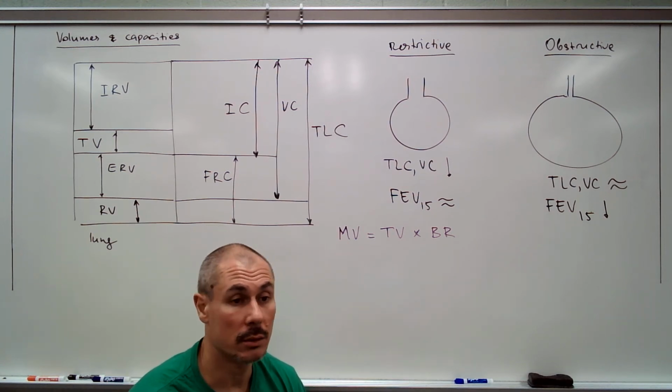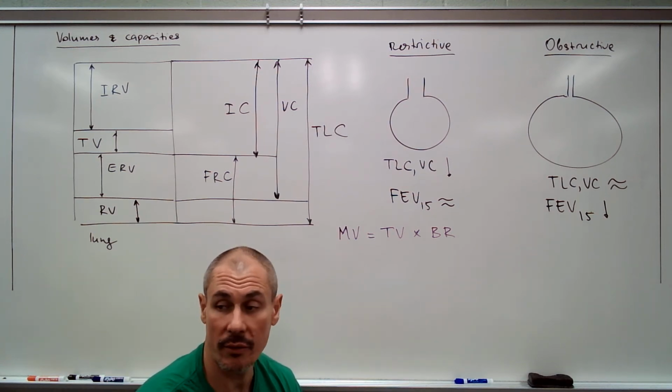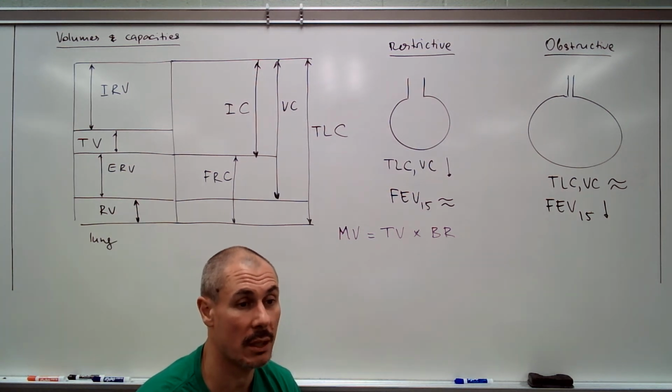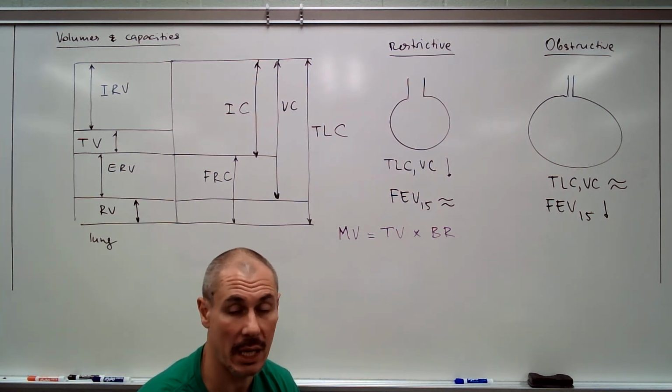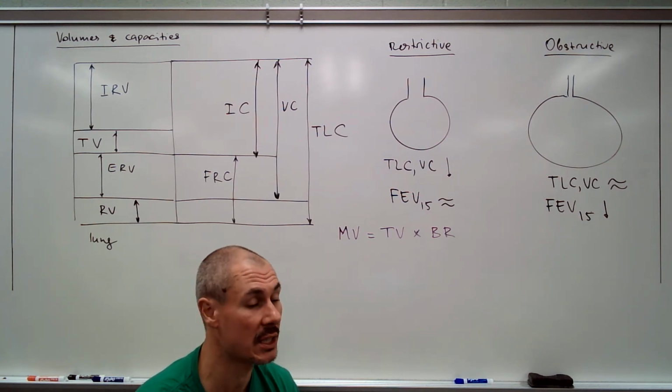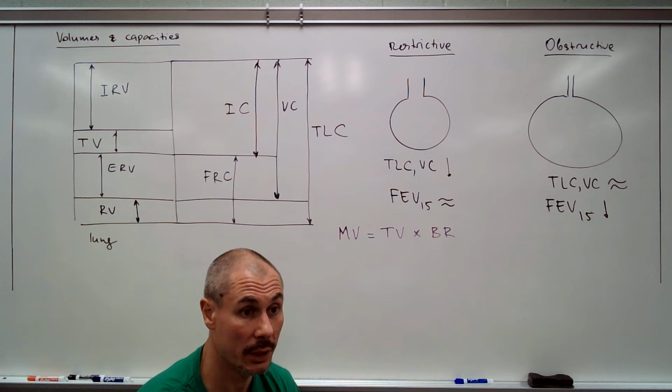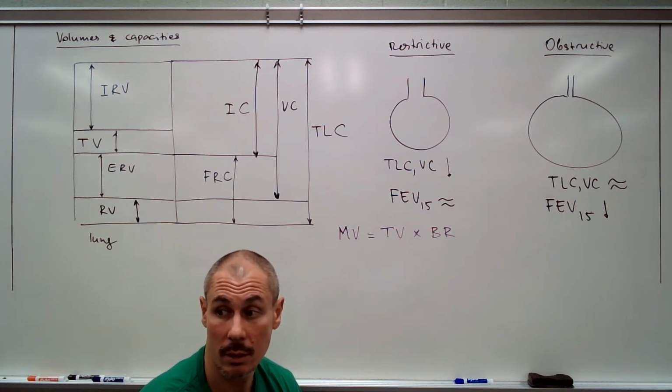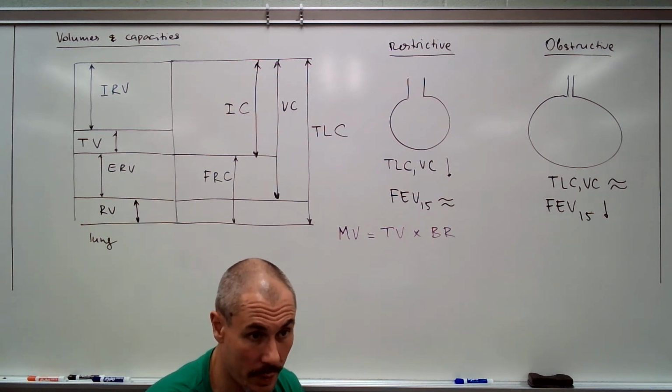So if your tidal volume is 500 milliliters and you're taking 15 breaths a minute, your minute ventilation will be 500 multiplied by 15, 7,500 milliliters per minute. Does that make sense? That's pretty straightforward.